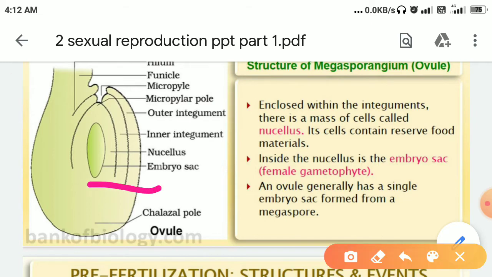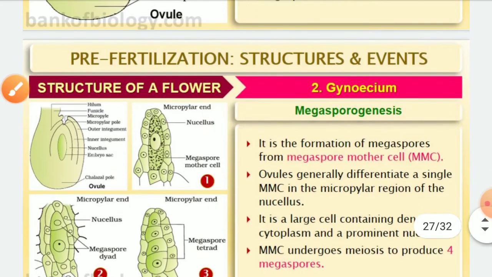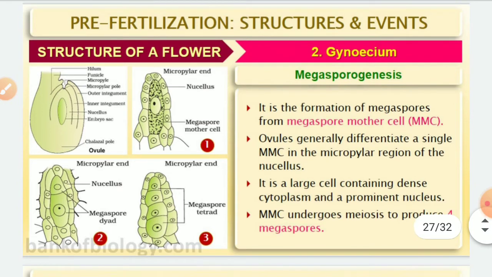Inside this embryo sac we will be able to see the female gametophyte. Now the process of megasporogenesis.